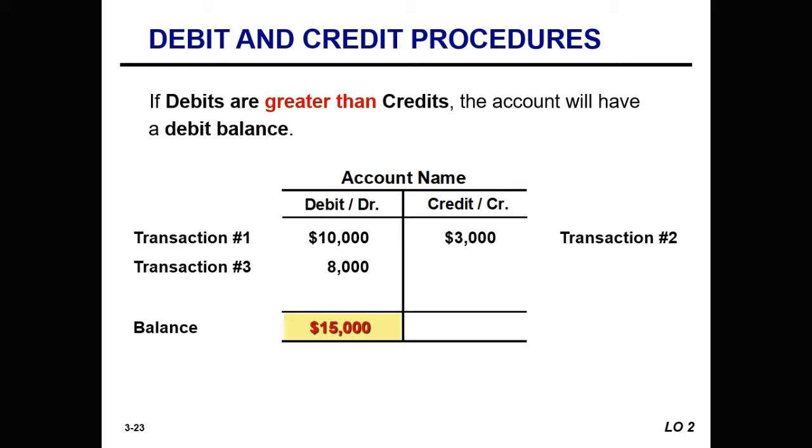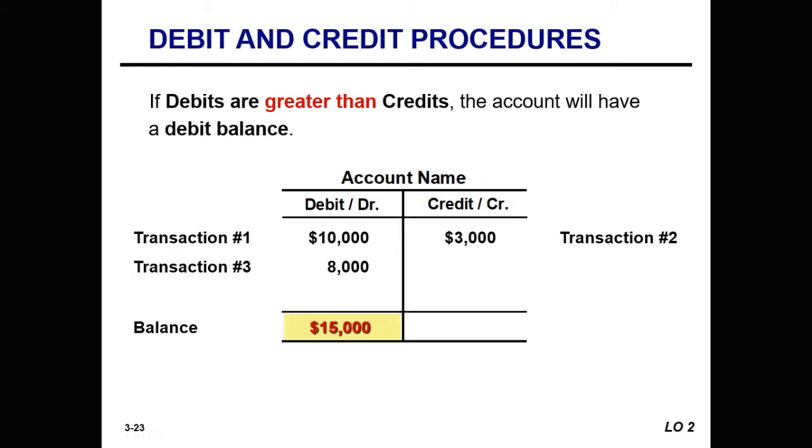A left side of the account, or the debit side, and a right side of the account, or a credit side. This, in its simplest format, is actually referred to as a T account, because as you look at it here, you can see that it does look like a T.